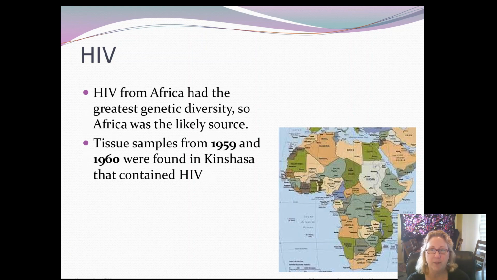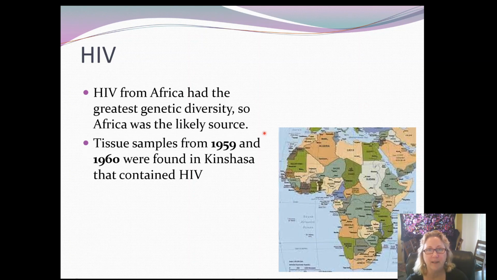So they did the same thing in Africa that they did in the United States. They asked doctors at the big hospitals in many different countries, do you know of any patients who may have died mysteriously from a collapse of their immune system, mysterious weight loss, anything like that from earlier than 1979?